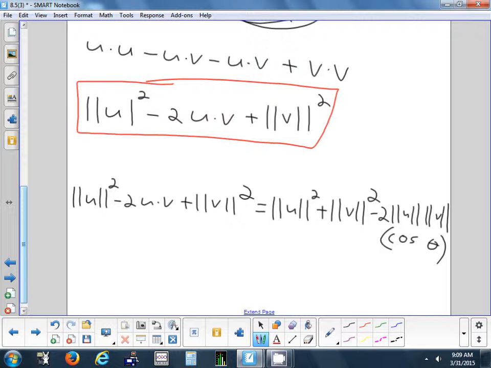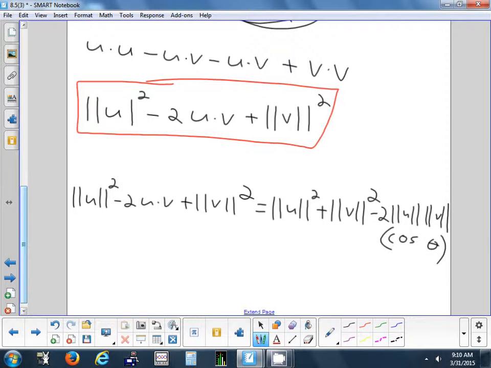Can you subtract magnitude of u squared from both sides? Yep.